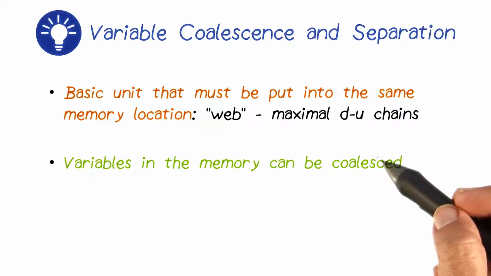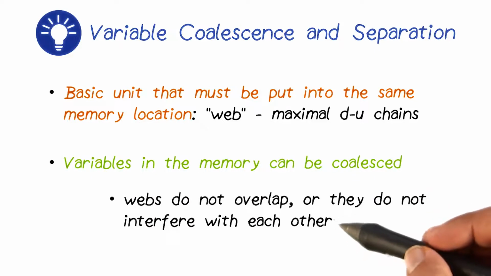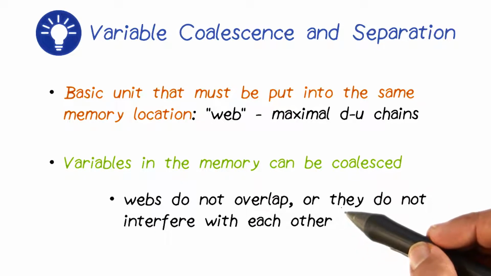The question is, can they be allocated in the same memory location? If we can put them in the same memory location, we would have significantly reduced the number of nodes in the access graph. And if we have lesser number of nodes, the intuition here is that we may have a better access sequence. So the question is, when can we co-locate two webs in the same memory locations?